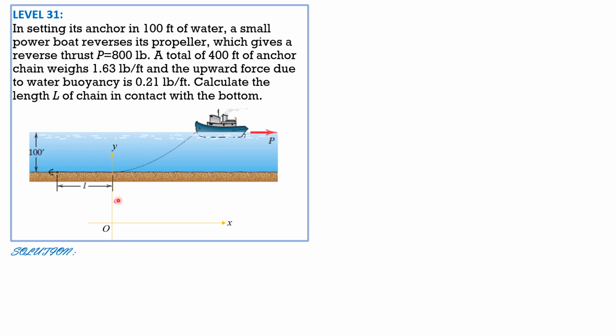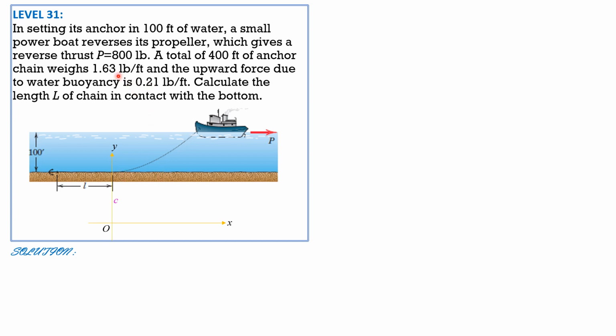So for the analysis, the horizontal component of tension, which is 800 pounds here, is equated to W times C, where W is the net weight. The cable is treated as catenary because it is just the weight of the cable that is given and the buoyant force, which is uniform.